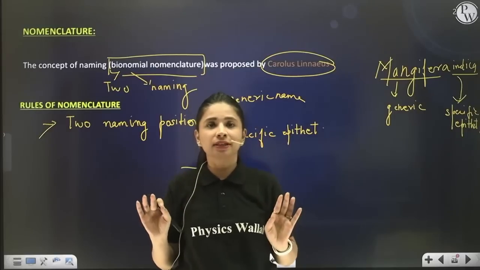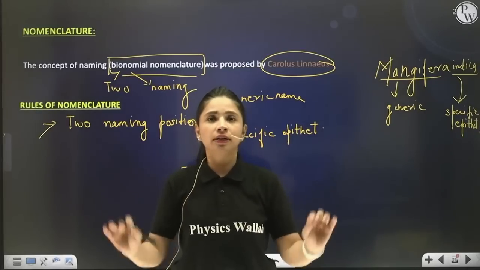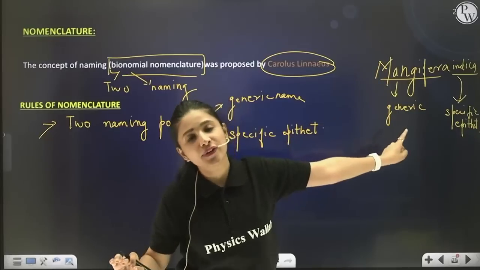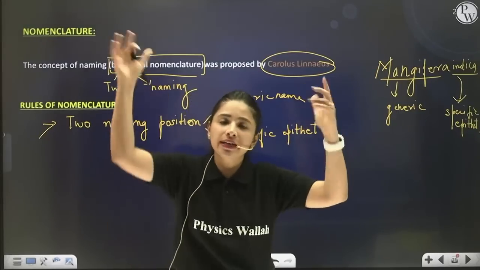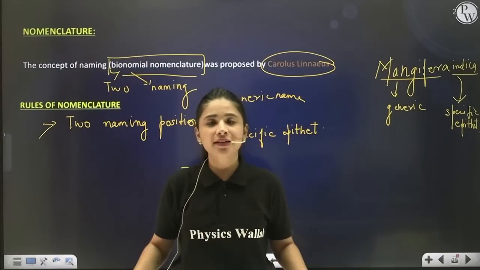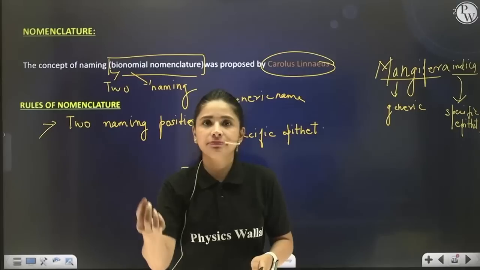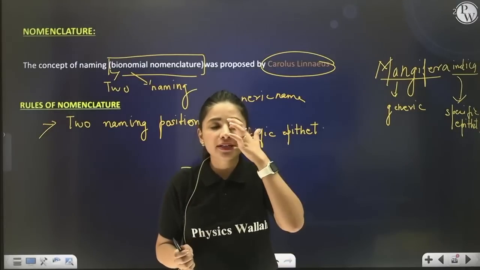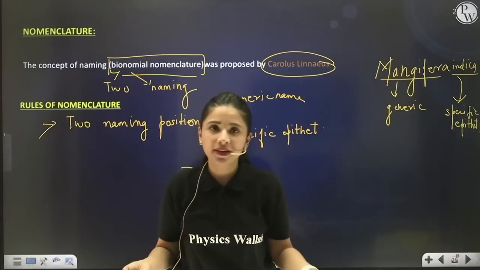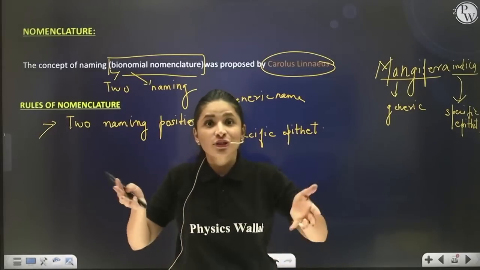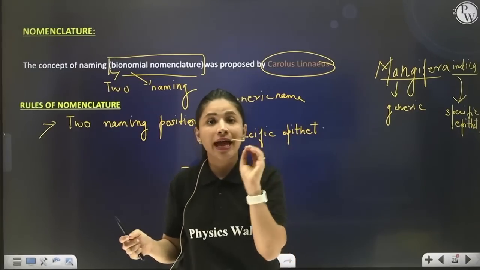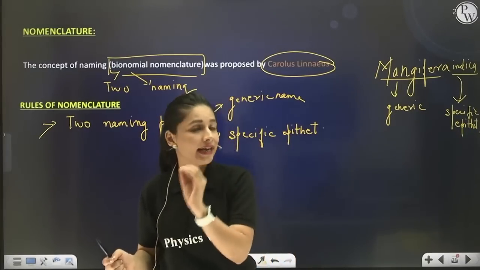For example, nobody in the world will use mango as Mangifera indica. You go to Greece, you go to the US, you go to Australia, anywhere you go, nobody is going to say give me 1 kg Mangifera indica, or give me 1 kg Solanum tuberosum. So that is why Linnaeus chose Latin, as Latin is a dead language.